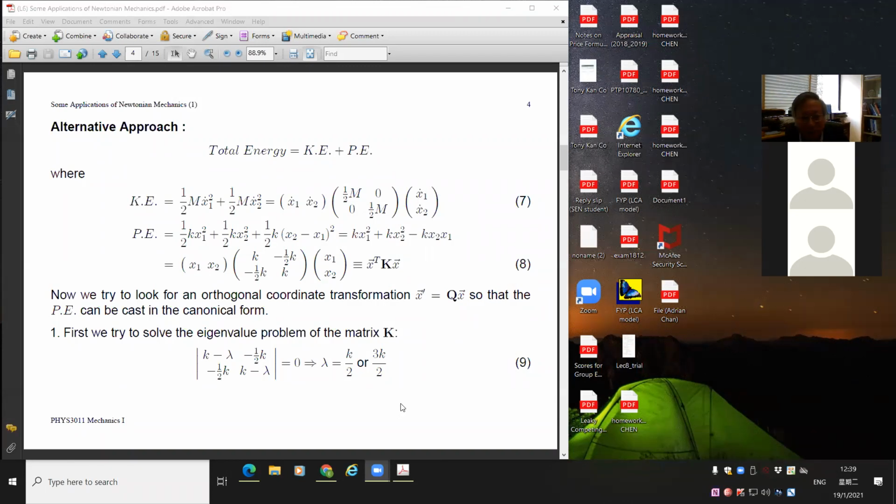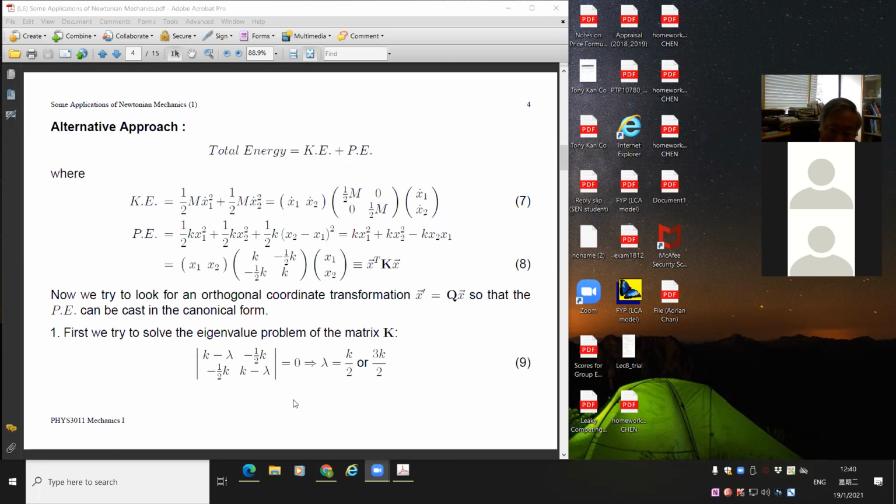Okay. Now, we want to diagonalize the matrix K. To do that, we have to solve the eigenvalue problem of this matrix K. To find the non-trivial solutions, we have to force the determinant of the coefficient matrix associated with the matrix K to vanish.